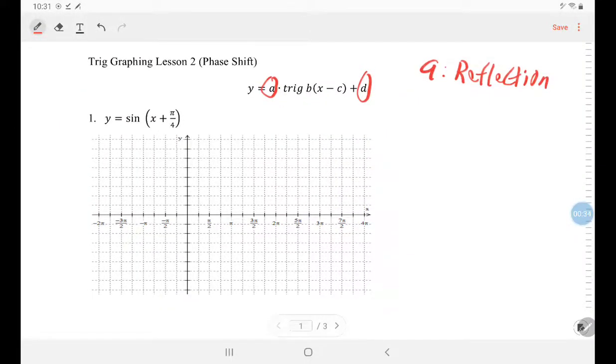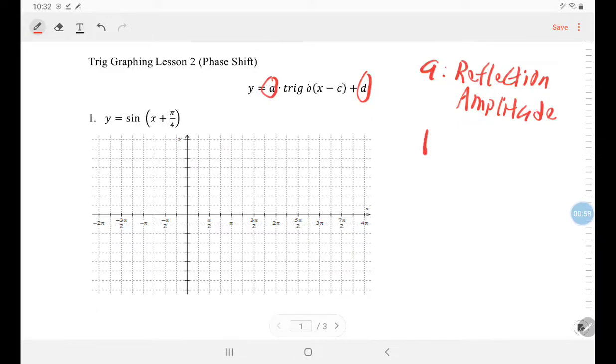If it was negative, A could also be what's called an amplitude, which is a big fancy name for the distance or half the distance from the top to the bottom, or the distance from equilibrium to the peak or the valley. It's also like a stretch or a compression.